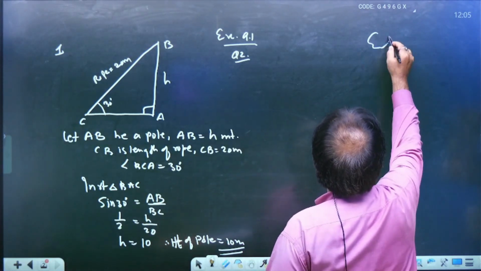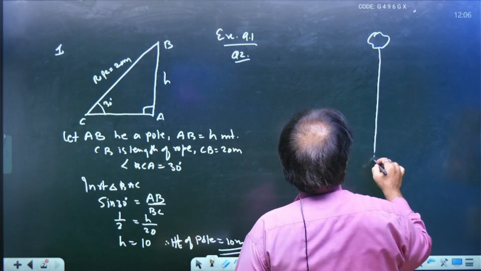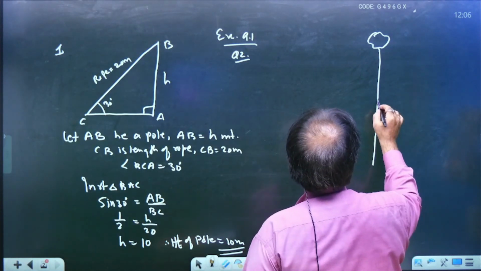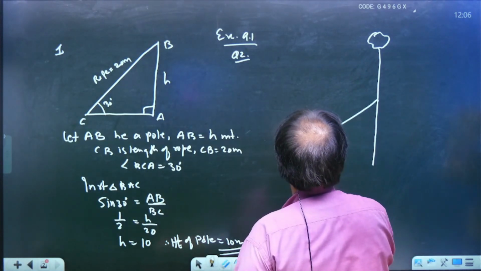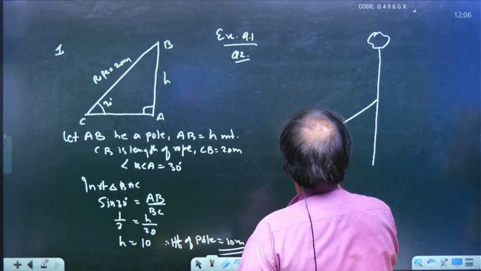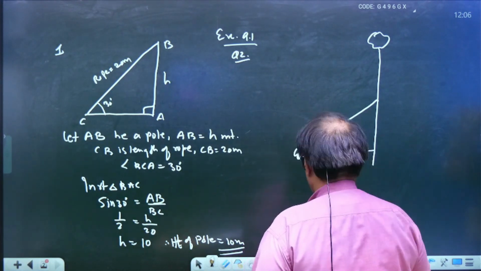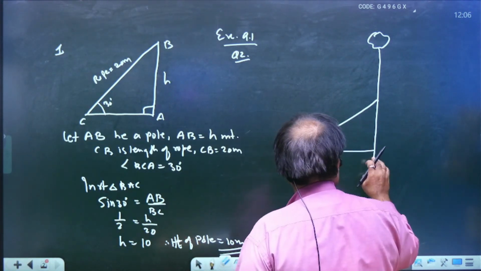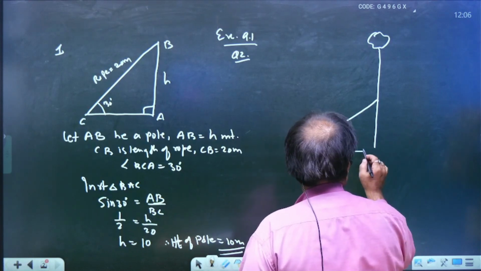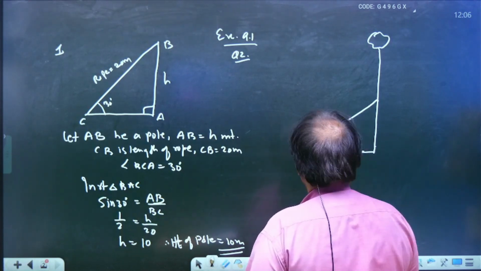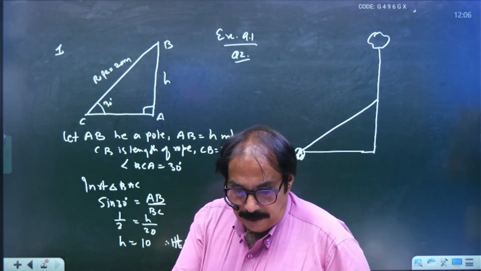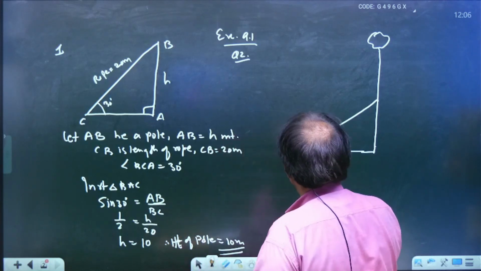So suppose this is a tree, and from here the tree is broken and the broken part touches the ground with an angle of 30 degree.